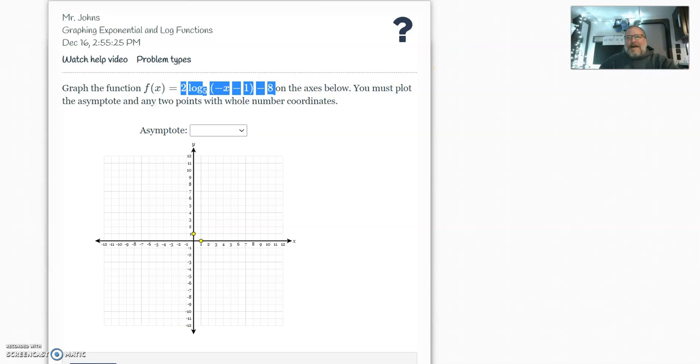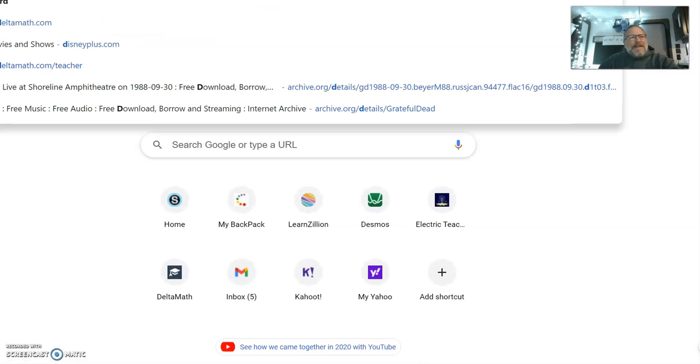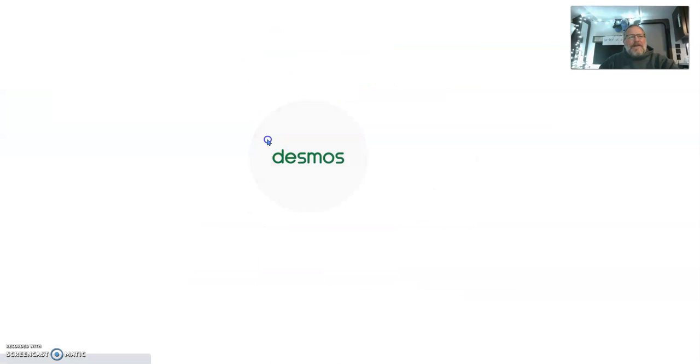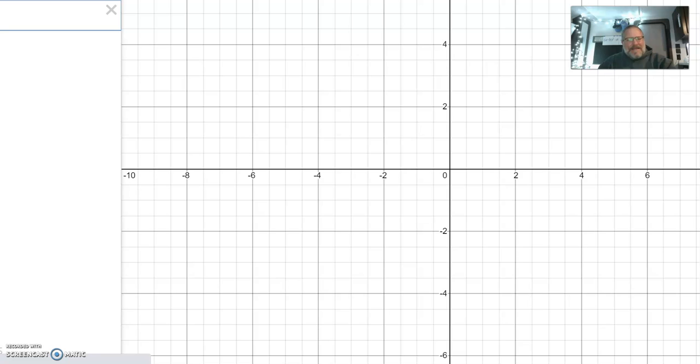So I'm going to see if I can copy it. Go to Desmos. Okay, start my graphing calculator. I'm going to try to paste it in. It's off your screen. It won't allow me to paste it in, just so you know, so I got to retype it. 2 log base 5. Hang on, I got to get a log base.